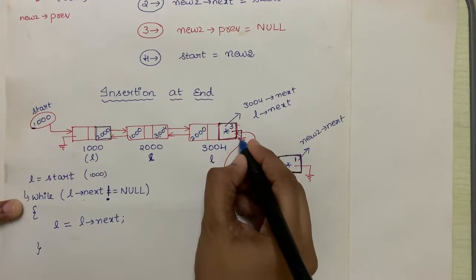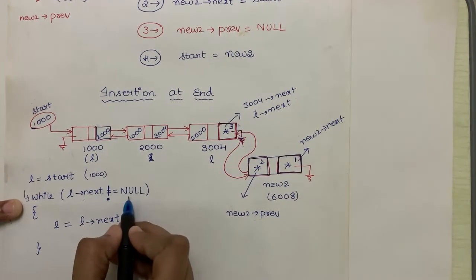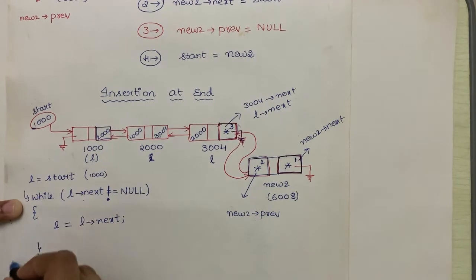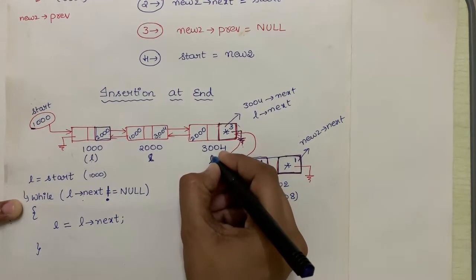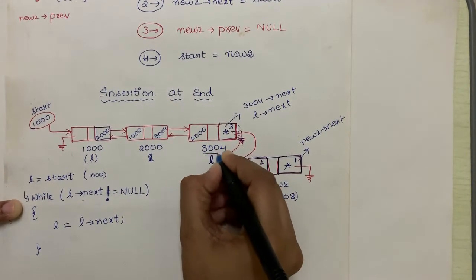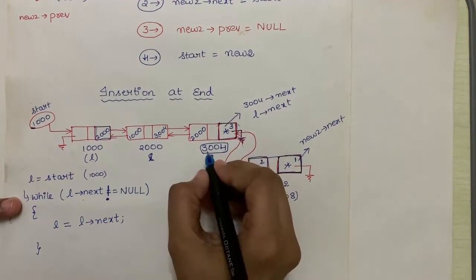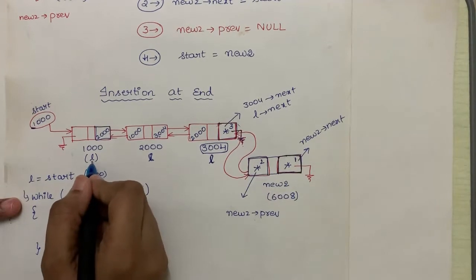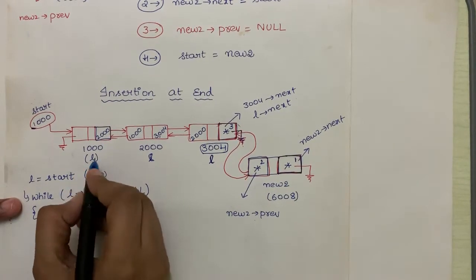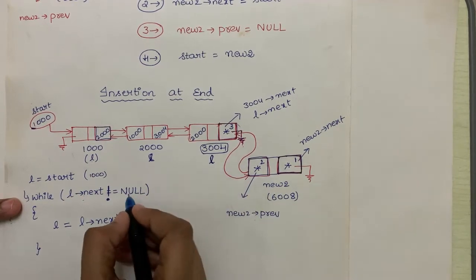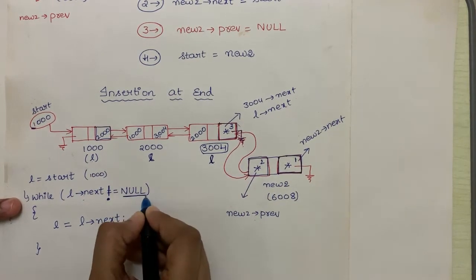So null not equal to null is false. False means it doesn't enter into the while loop and comes outside. What is the final value of L here? 3004. Okay. So in this way we should traverse to a particular node, the name of a particular node, from first node to last node using the property of the last node.